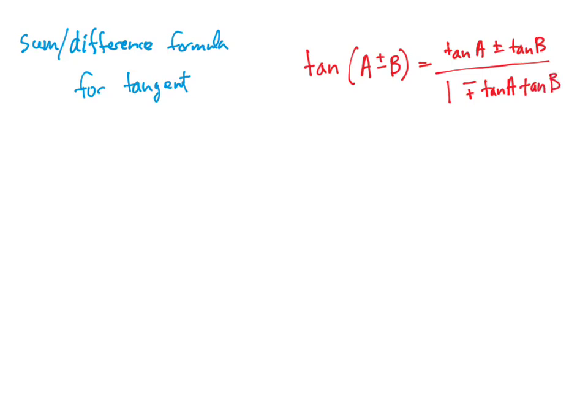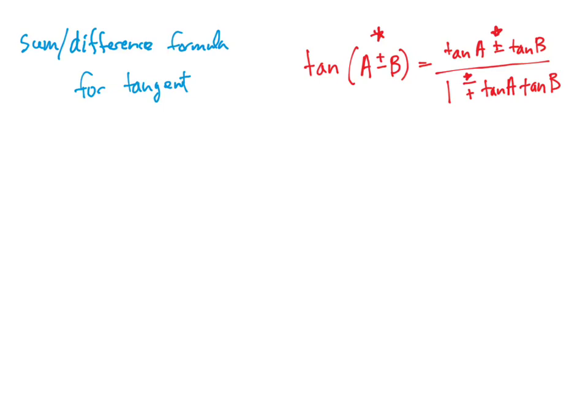So if we have a plus initially, we have a plus here, and then we reverse it in the denominator. If we have a minus initially, we keep it the same, and then we reverse down here. These problems are a little bit more complex because we end up needing to simplify a somewhat complicated fraction.